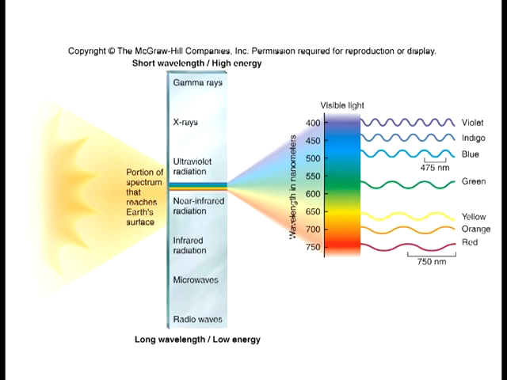So when the sun starts setting, we're seeing the light through more atmosphere, the blue light's being reflected away, and we're seeing the orange and the yellow. All right.